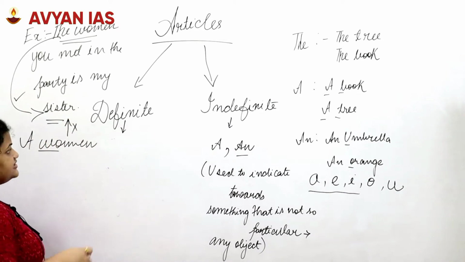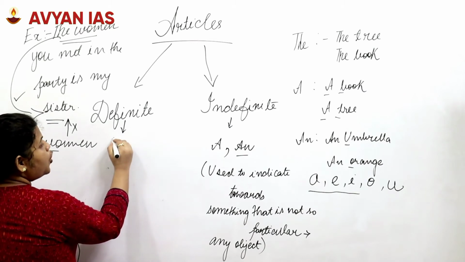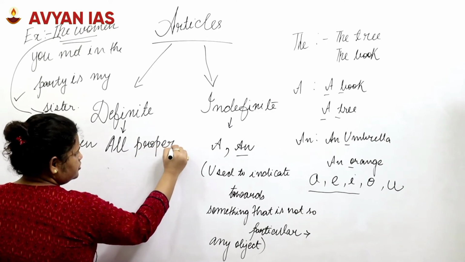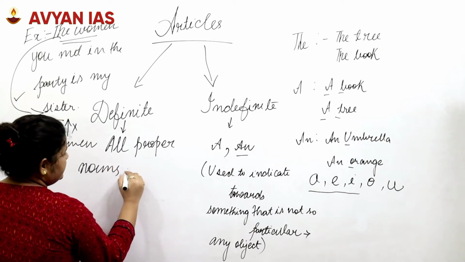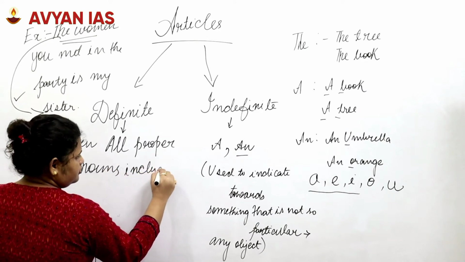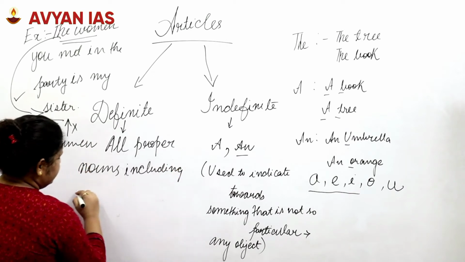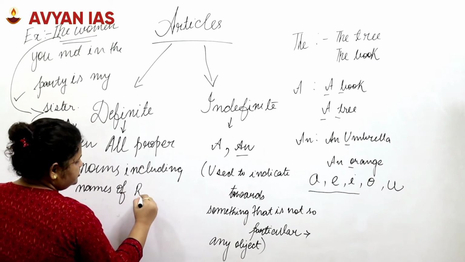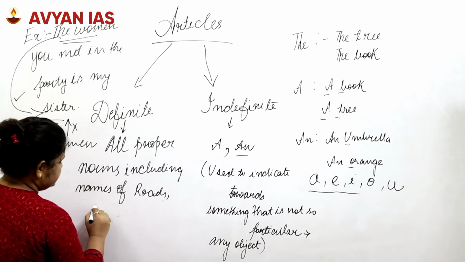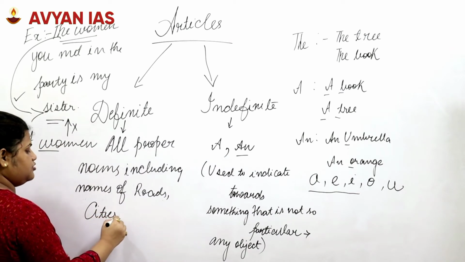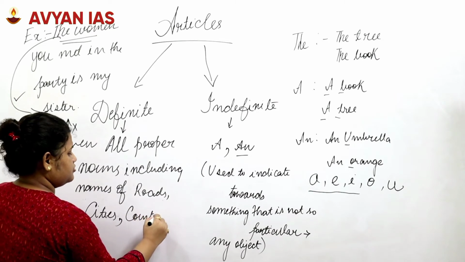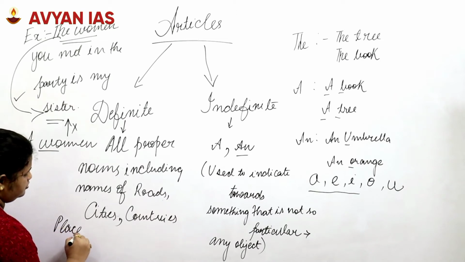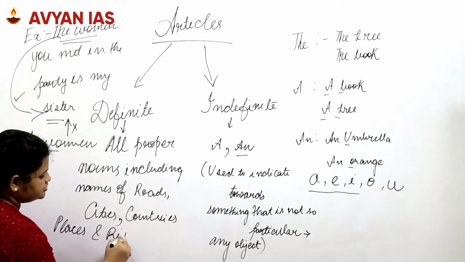For the, as a definite article, it is used before all proper nouns, including names of roads, cities, countries, places and rivers.